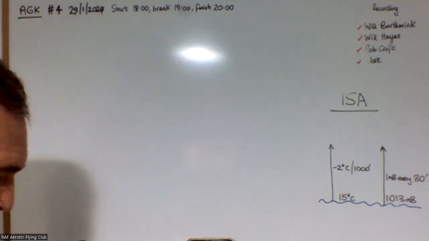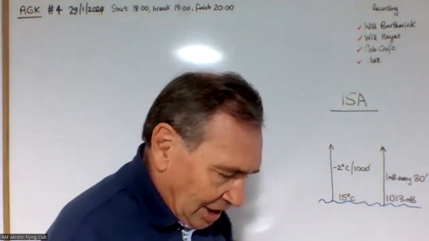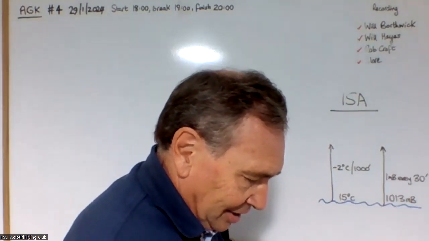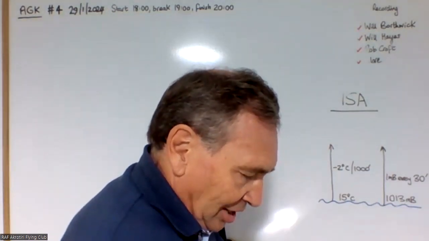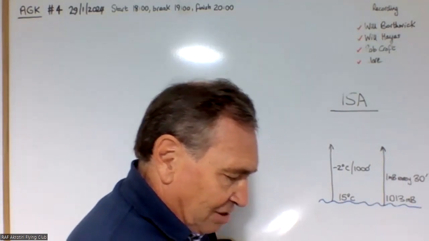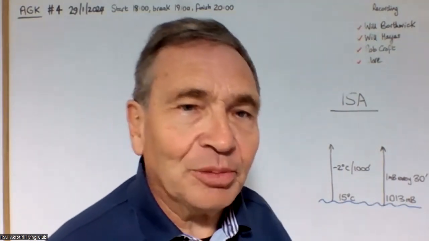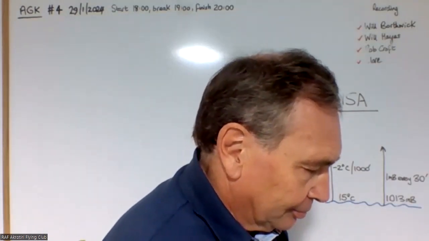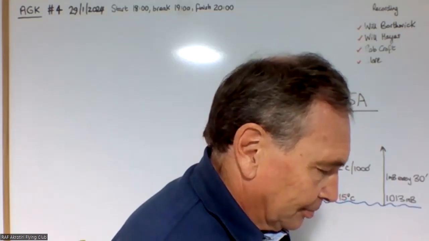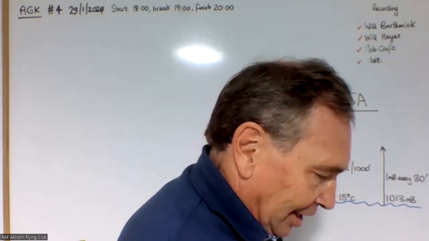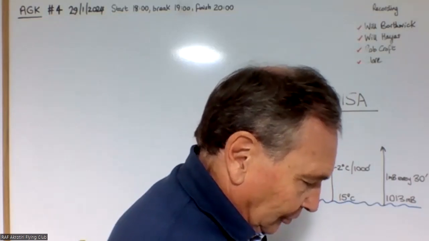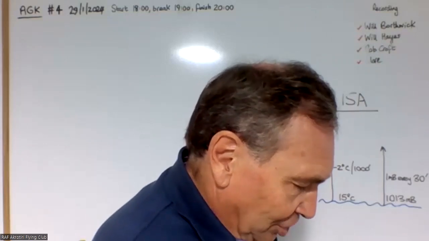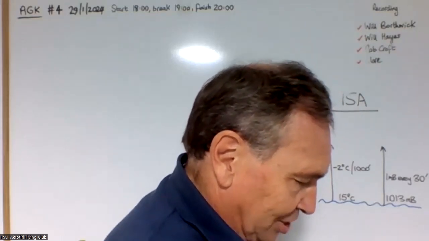So if you have a look on your whiz wheel, for example, at 0 degrees centigrade, what is 0 degrees centigrade in Fahrenheit? What was it? 32? Yeah, about that. And if you look at 0 degrees Fahrenheit, what's that in centigrade?